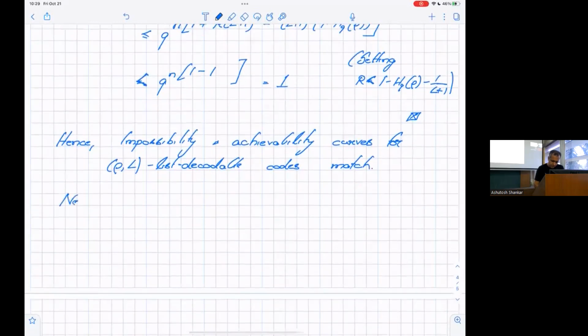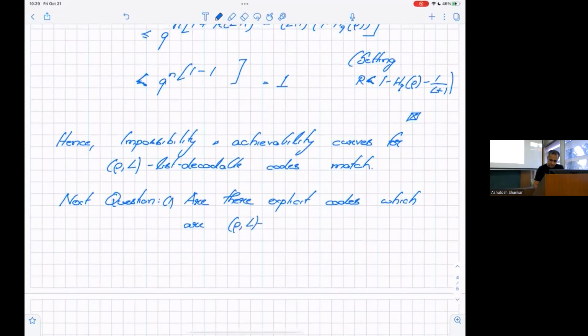The next question is: first, are there explicit codes which achieve this, and then, can list decoders be made efficient?